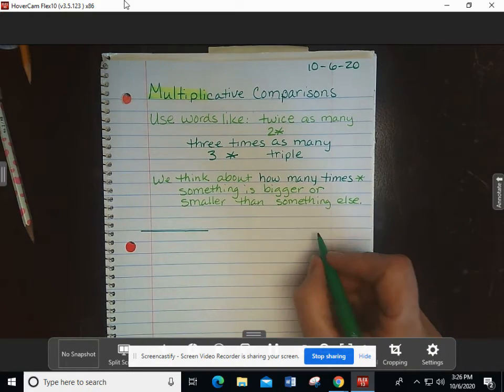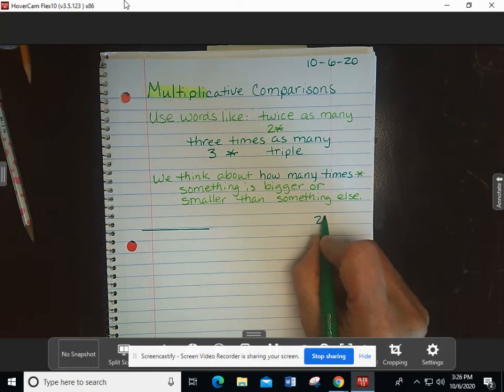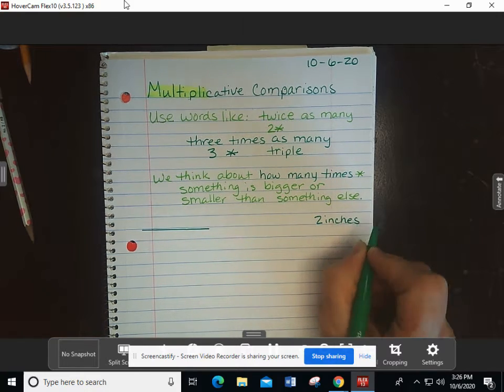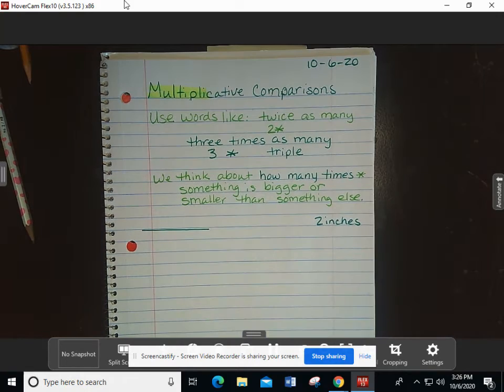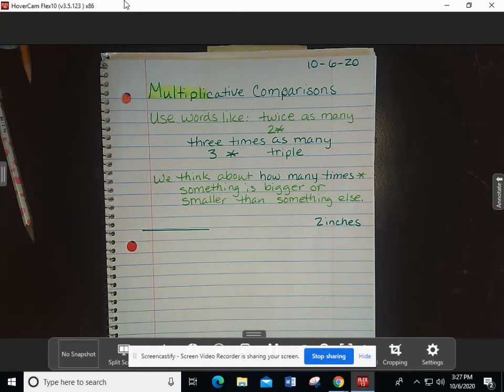I'm also going to write that it is 2 inches. Now that you've drawn this, I want you to draw a line that is exactly 3 times as long as the first line. Our first line is 2 inches. You can pause the video while you do your work.